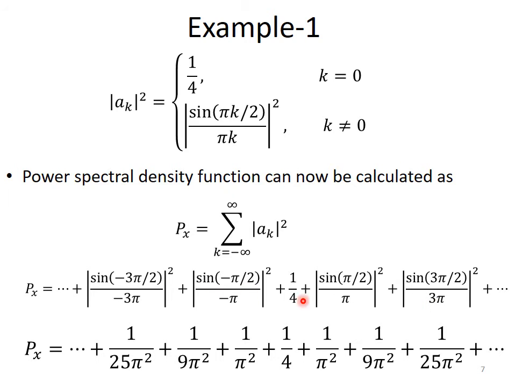Similarly for negative values. So the values on the right of 1/4 are for positive values of k, and these are for negative values of k. Simplifying these values, you get this. So this is the power spectral density of the square wave.